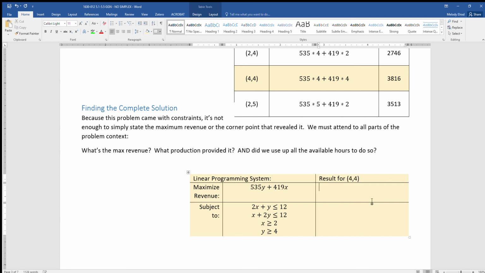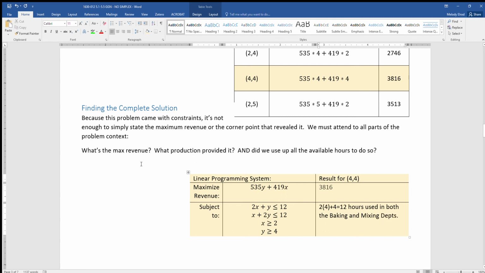We decided that was the optimal solution. So we end up with a revenue of $38.16. We already know that. We also know that if we take 2 times 4 plus 4, we're going to end up with exactly 12, right? 8 plus 4 is 12. So 12 hours are going to be used in both the baking and mixing departments.